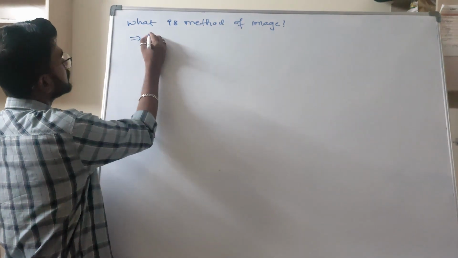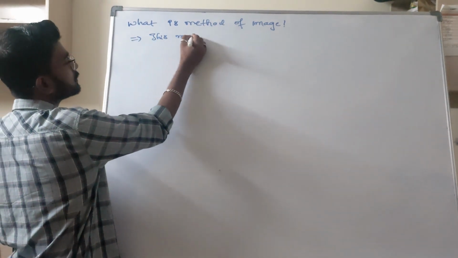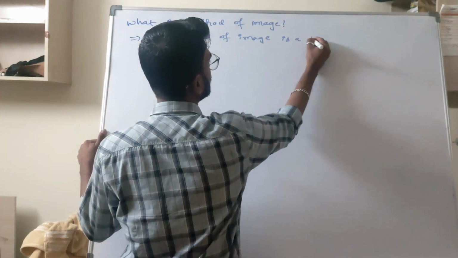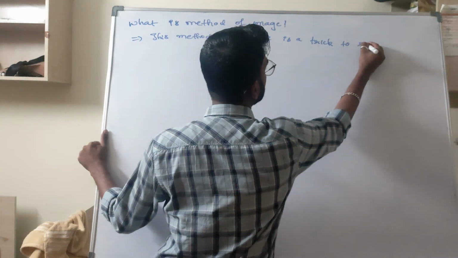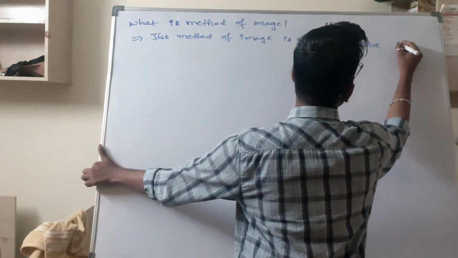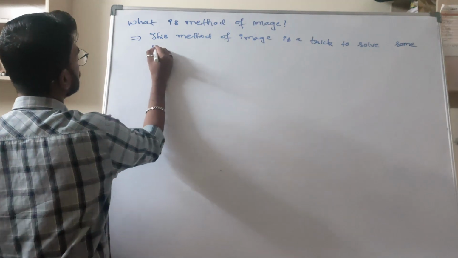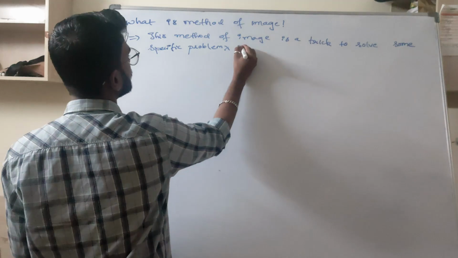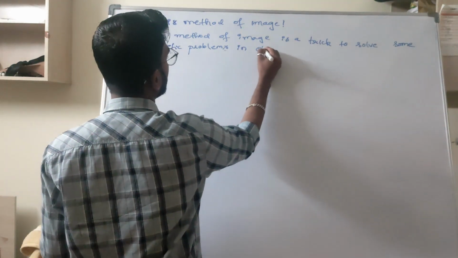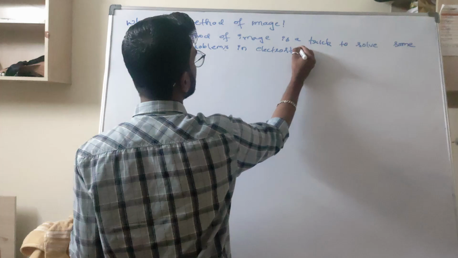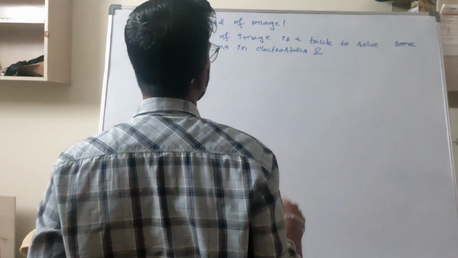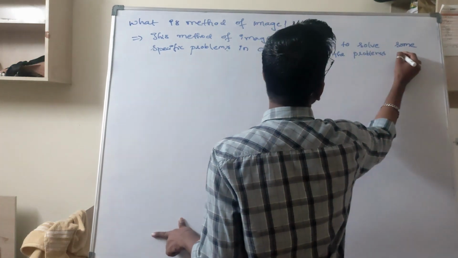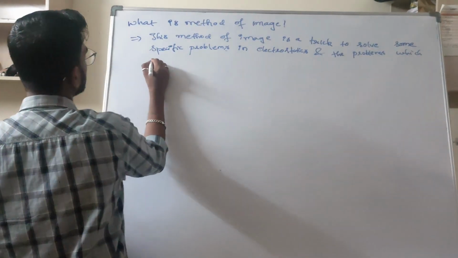This method of images is a trick to solve some specific problems in electrostatics, the problems which involve the uniqueness theorem.